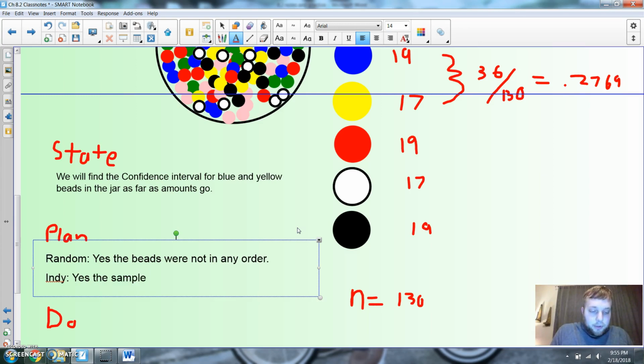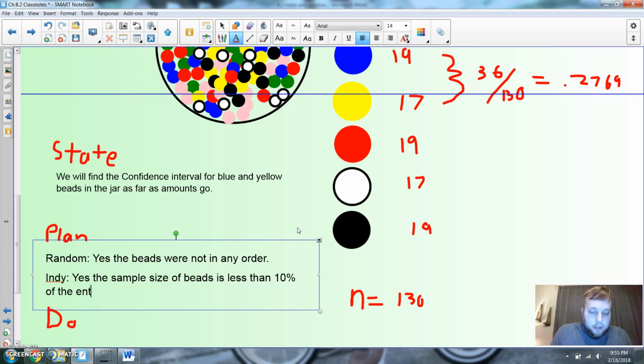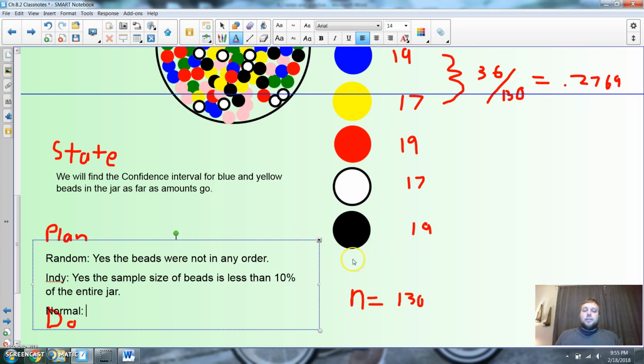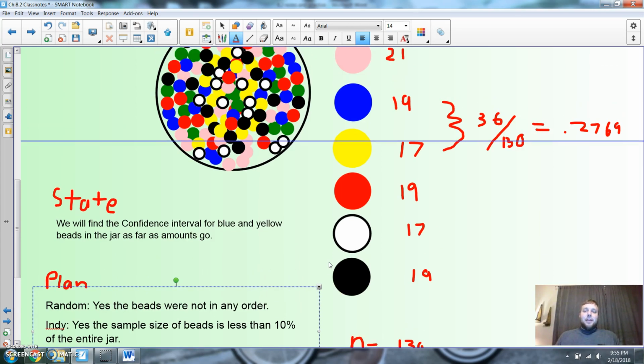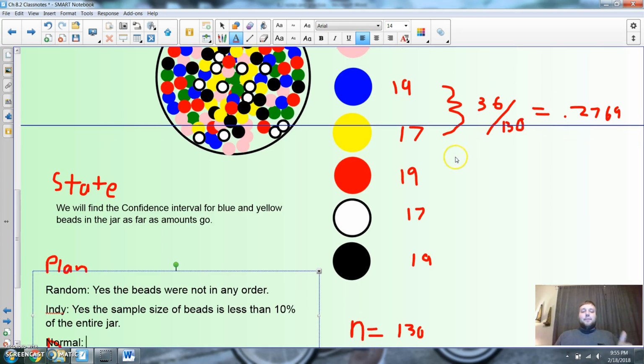The sample size of beads is less than 10% of the entire jar. And then lastly, normal. Now remember, my normal test for proportions is 10 successes, 10 failures. I had 36 cool ones, and I had 94 bad ones.